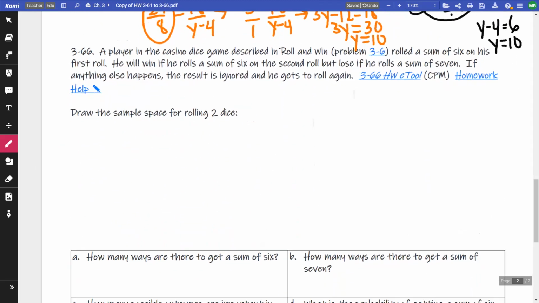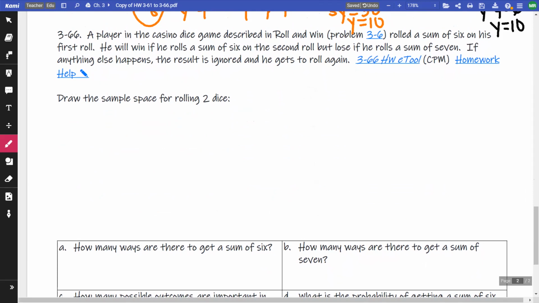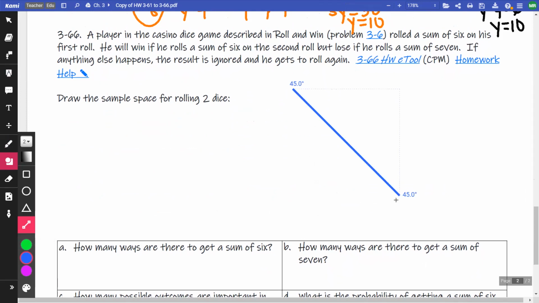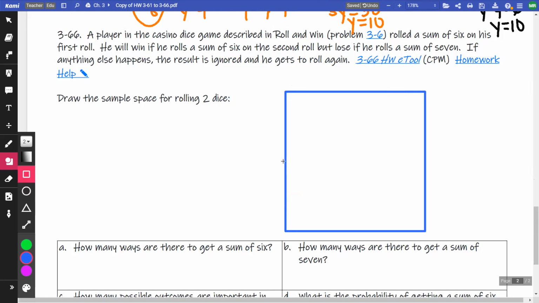Okay, and last problem here. This is the roll and win. Okay, so we're rolling 2 dice. So let me get a square going here, and I am going to split it in half. And then I'll do 2 lines on either side.